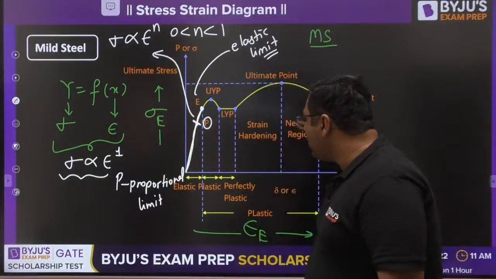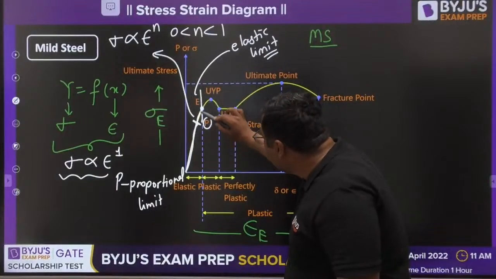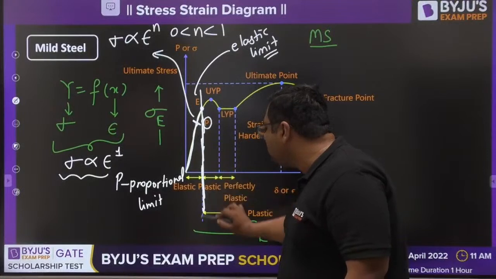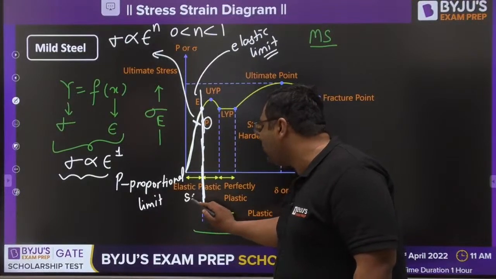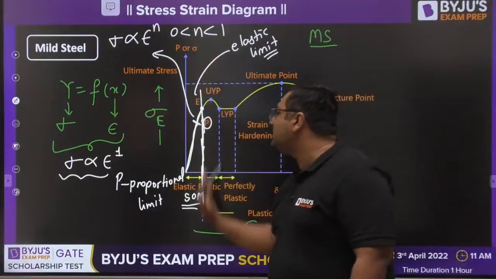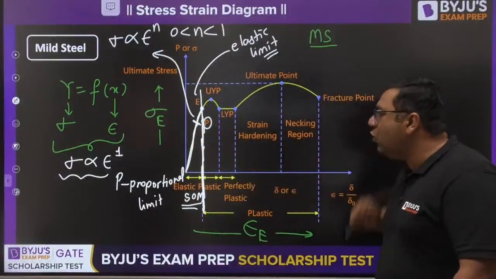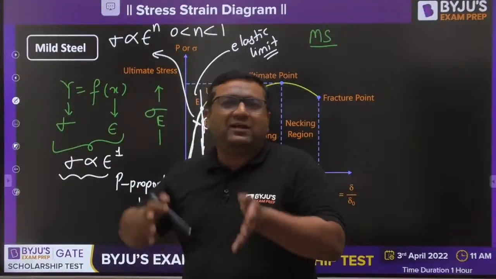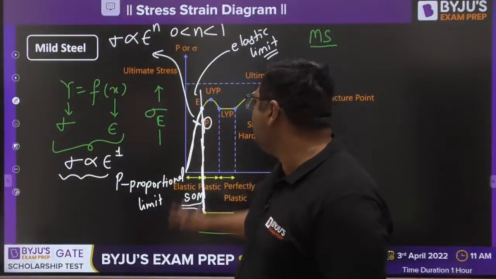In the last lecture, I already told you that the study up to this point only is given the name of strength of material. So in SOM, we need to discuss only up to the elastic limit. The part after that is no more the part of strength of material; it is going to be the part of another subject. But for the explanation, we need to study it for now.